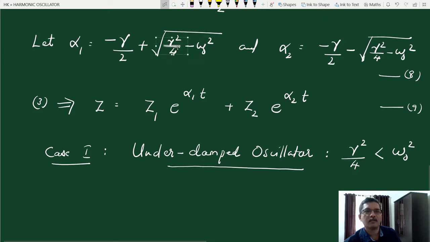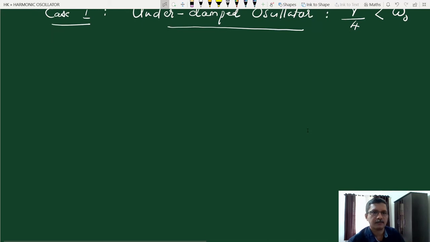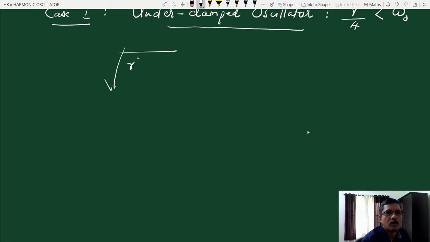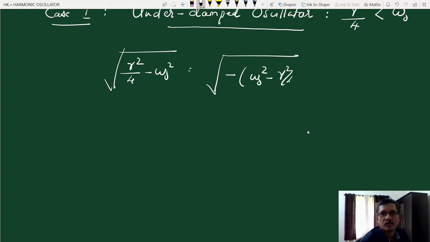That means what I am going to do is, see, gamma square by 4 is less than omega 0 square. So I will write this square root as a positive number, and for that I will take a minus sign outside. Look at this. That square root part, square root of gamma square by 4 minus omega 0 square, we can write as square root of minus of omega 0 square minus gamma square by 4.